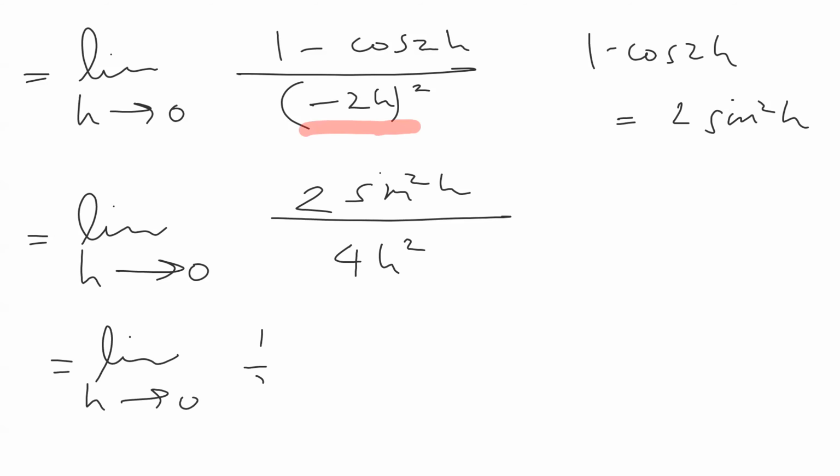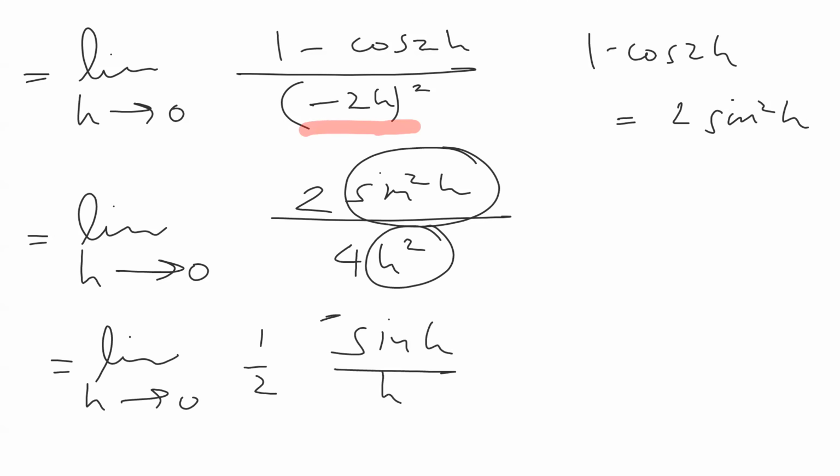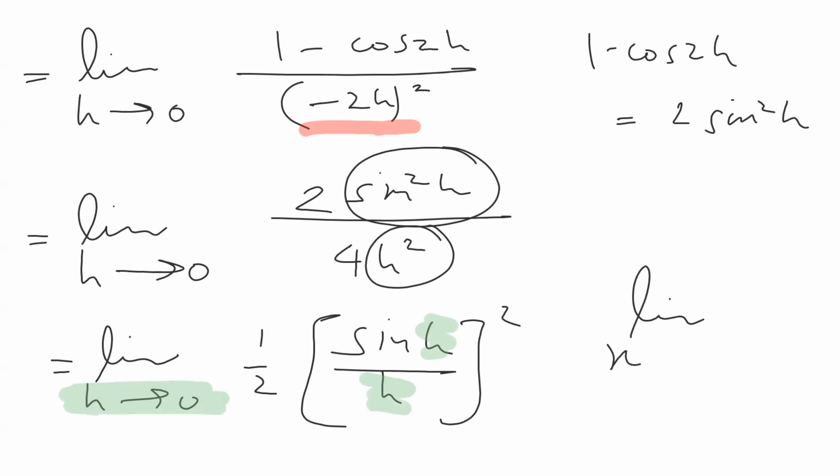Now there are two trigonometric functions in the numerator, sin h into sin h. And down also there are h and h. So we'll just group this under the same square. Now we have limit h approaching 0, sin h upon h. So we can apply the formula limit x approaching 0, sin x upon x, which is equal to 1.